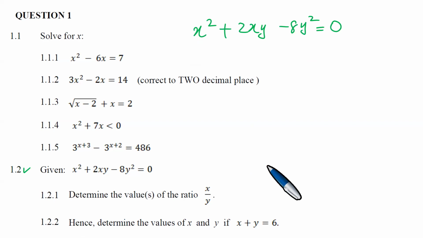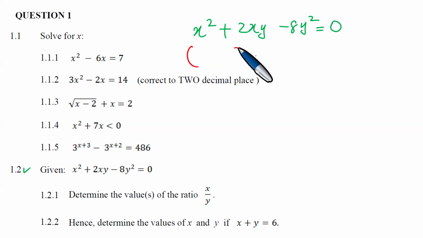We try to simplify so we can have x and y by themselves, and then divide them in order to get their ratio.